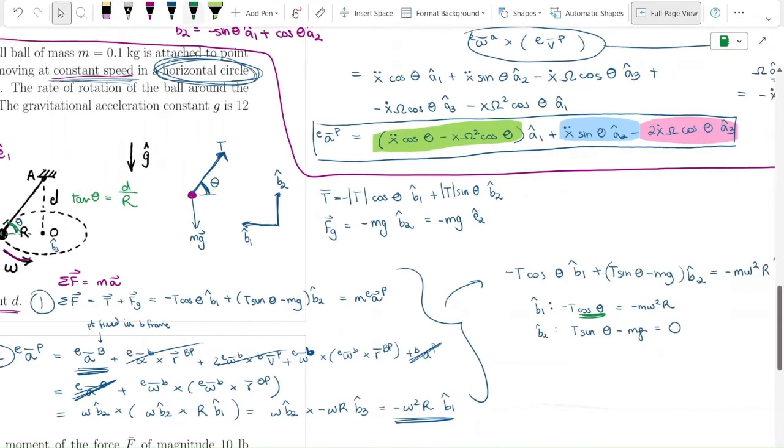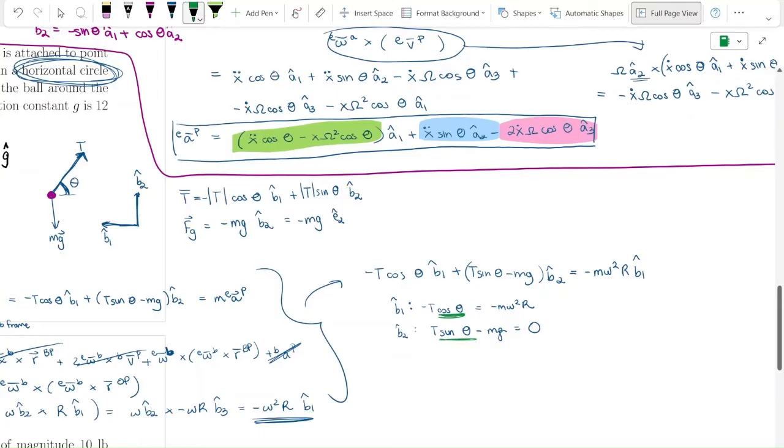So looking at these expressions now, tangent of theta is equal to sine theta over cosine theta. And we can take advantage of these quantities that we know, which are g, m, r, omega, and then solve for d.